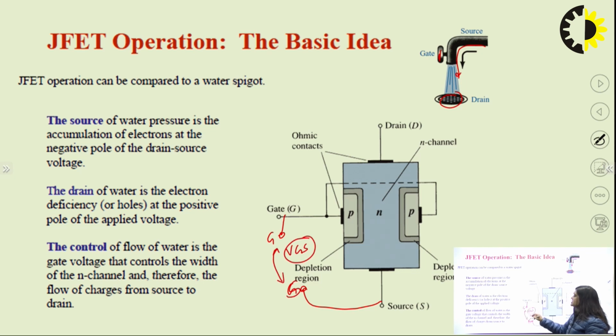With the help of this VGS, we can change the amount of charge carriers moving from here to here, and by changing the amount of these charge carriers we can control the amount of current flowing from upward to downward.